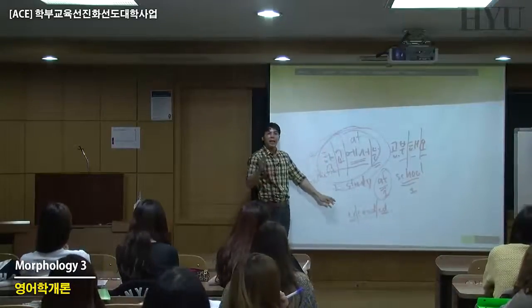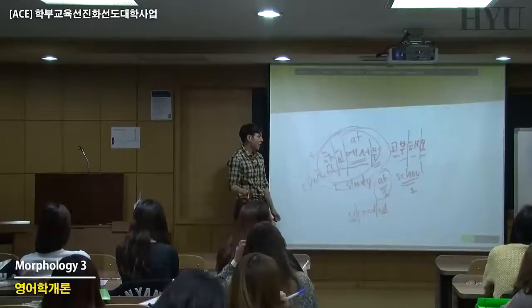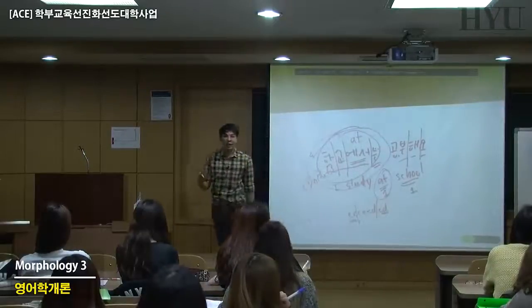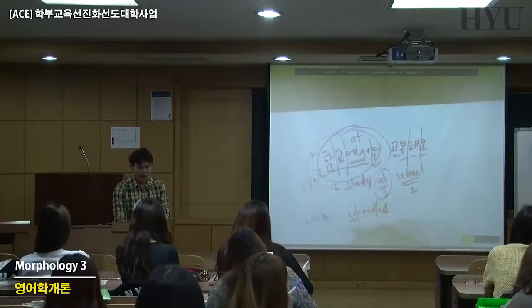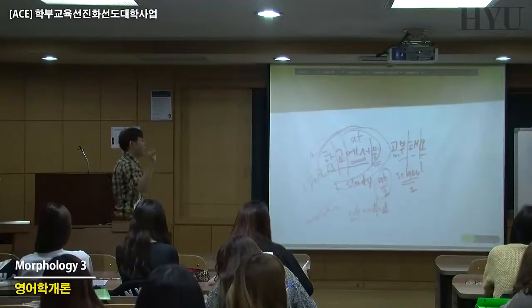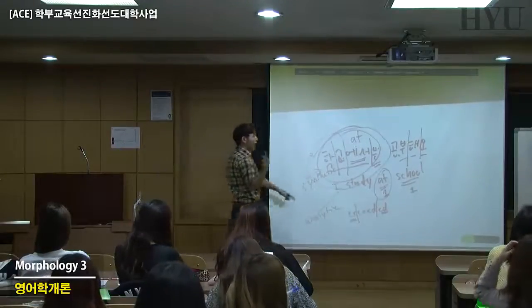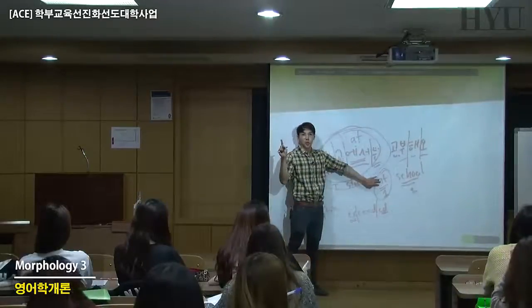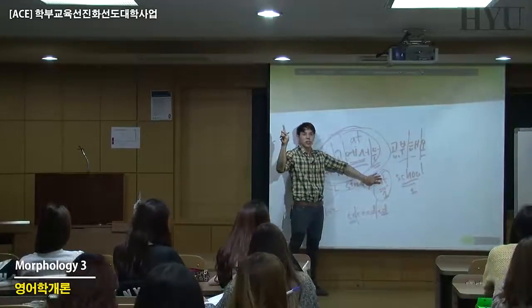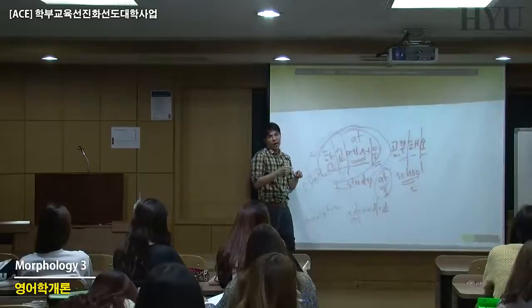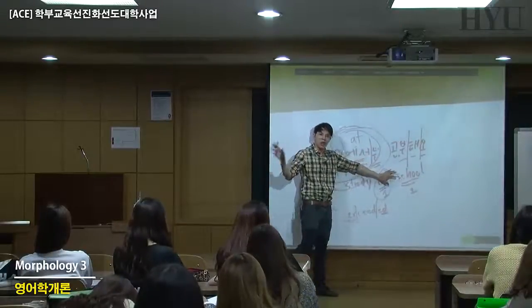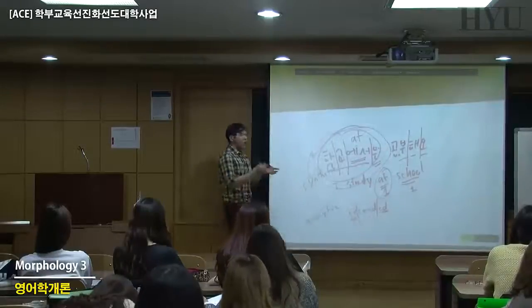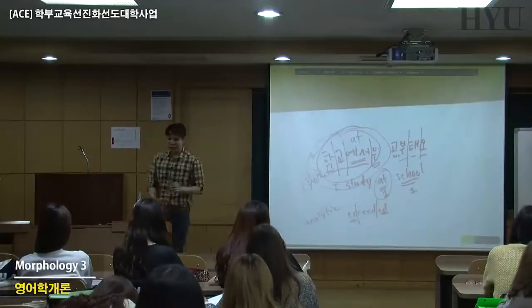So we say that English tends to be an analytic language, which means we usually express one concept through one word. At is one preposition, to indicate location. School is another concept, so you use another word for it. We don't group them together like that, okay?